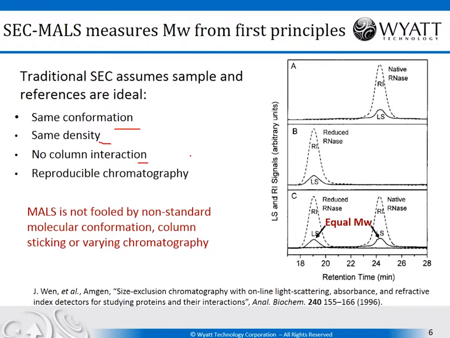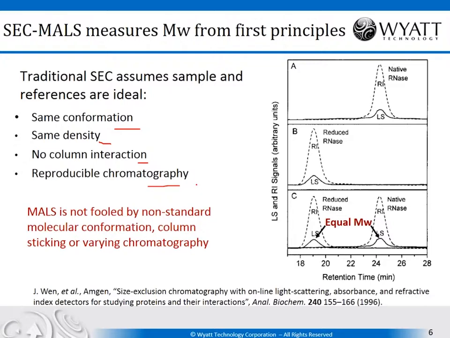And so all of these are often untrue for your actual samples relative to the standard globular proteins that are used for column calibration. You're also assuming that the chromatography is reproducible day to day. If not, you have to regularly recalibrate your column.